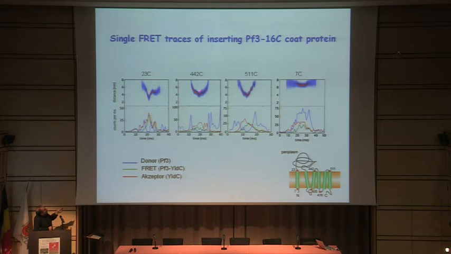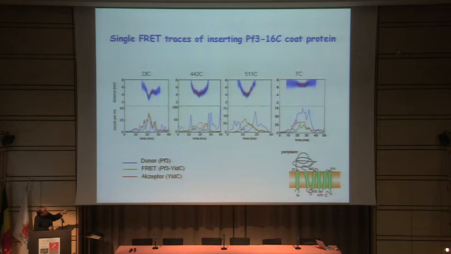These are the different positions in the periplasmic regions. For all of these positions, we get about the same kinetics: the two dyes come together in about 10 milliseconds, that is the binding, and the moving away is a little bit slower, I would say.